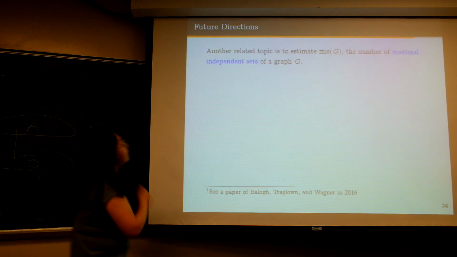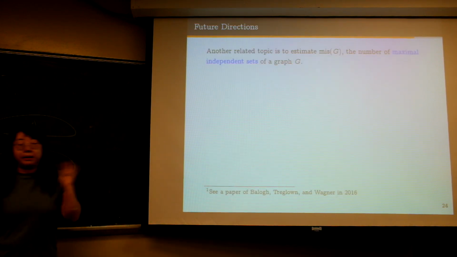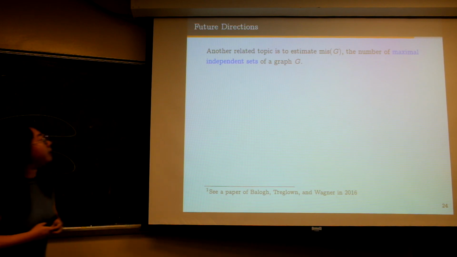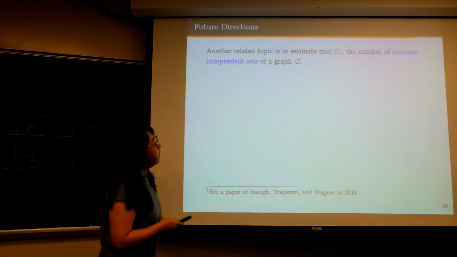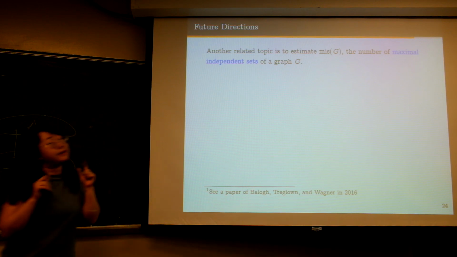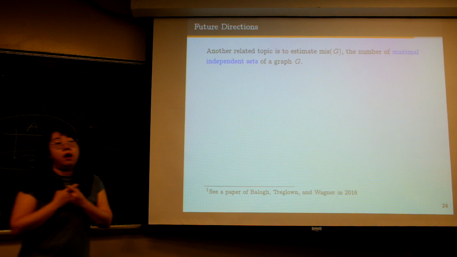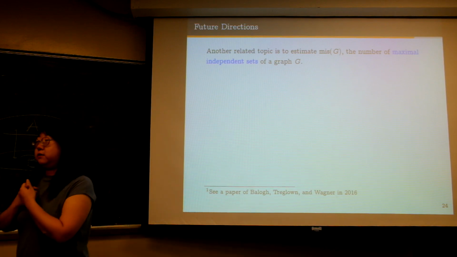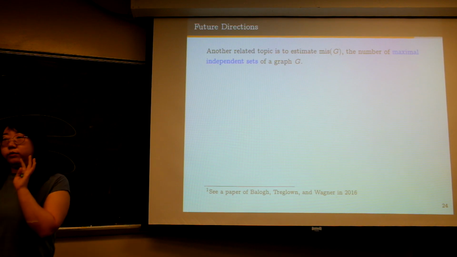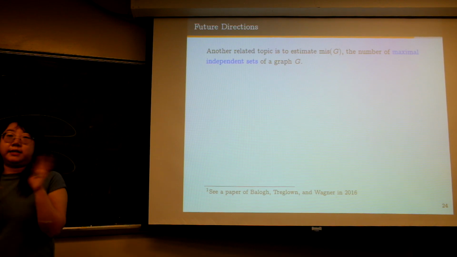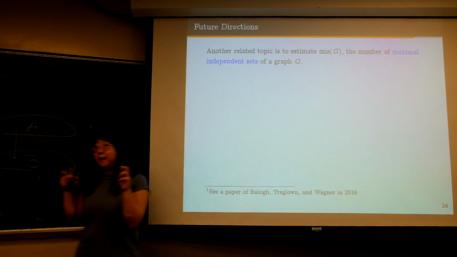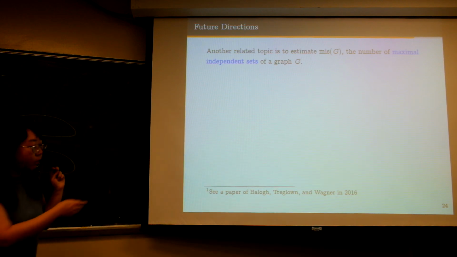Oh, okay. So I want to talk about more interesting directions related to this method or topic. Another thing, which I briefly mentioned before, is estimating the number of maximal independent sets in the graph. This topic does not exactly fit in graph homomorphism because you don't have a graph for which the set of homomorphisms equals the maximal independent sets. But somehow the idea and the method are quite similar.